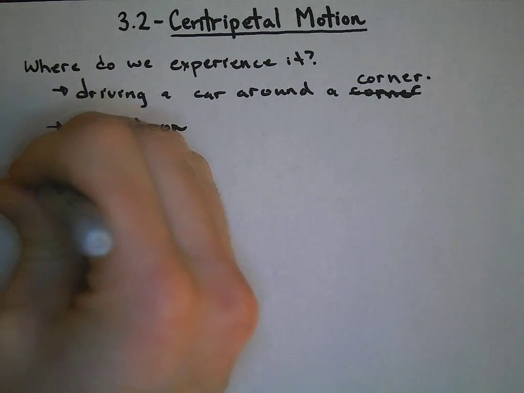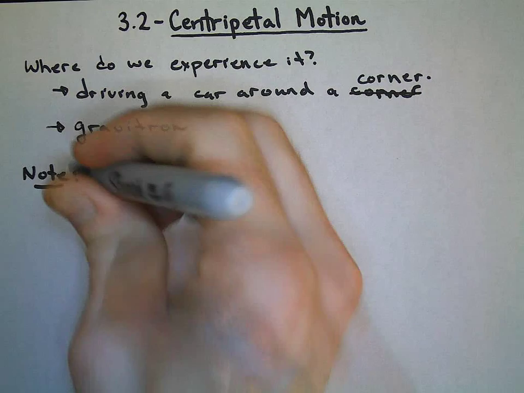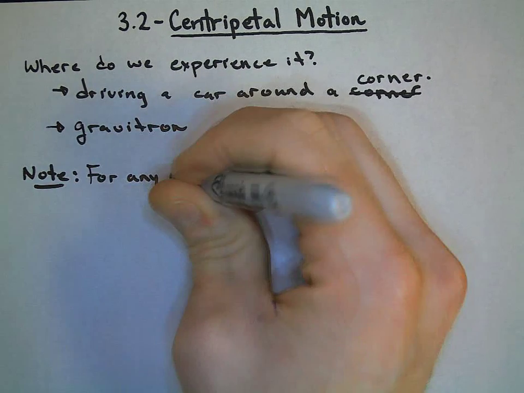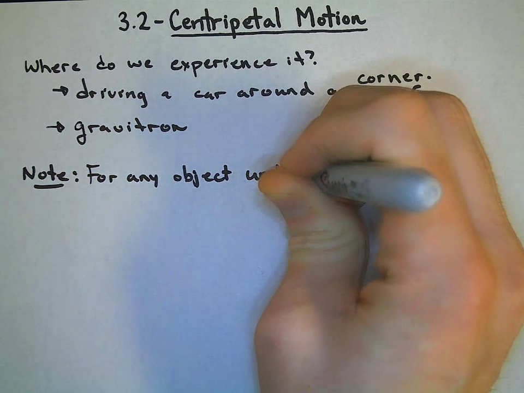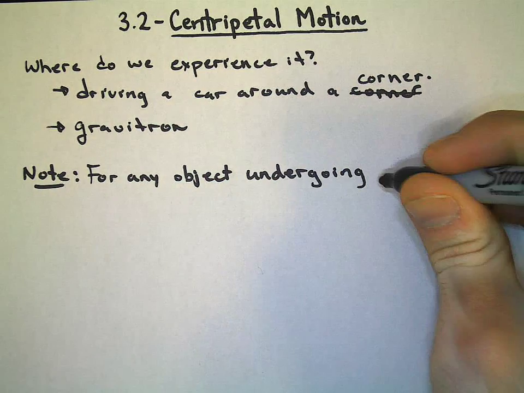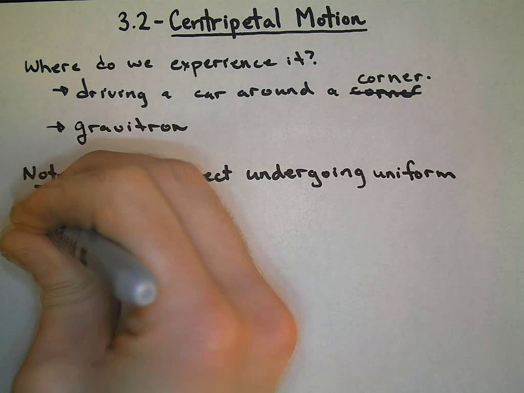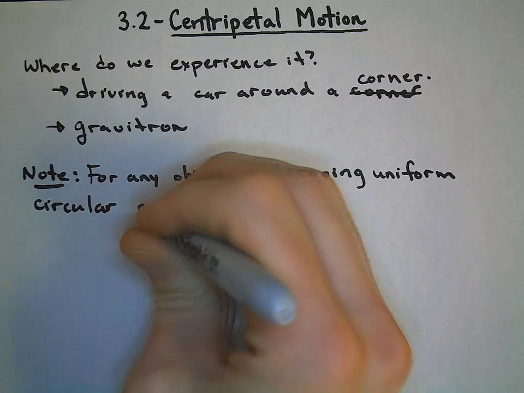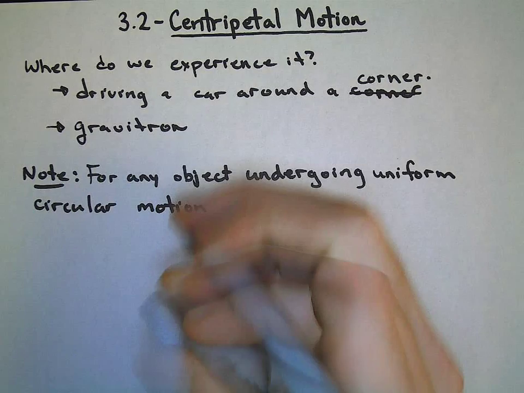When we're talking about circular motion, we should note a few things. First is that for any object that's undergoing uniform circular motion, and this is a common misconception, so that's why I would like to tell you guys this right now.